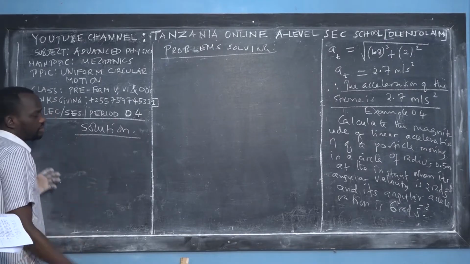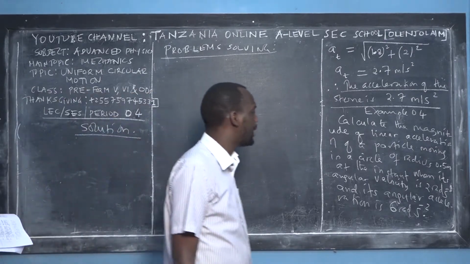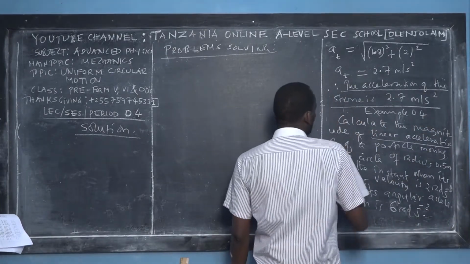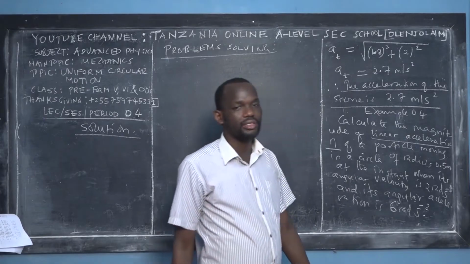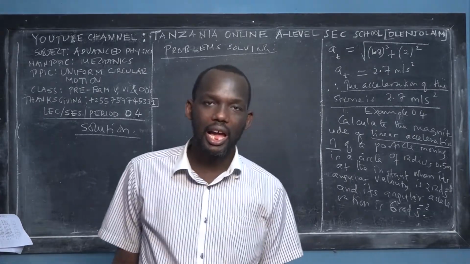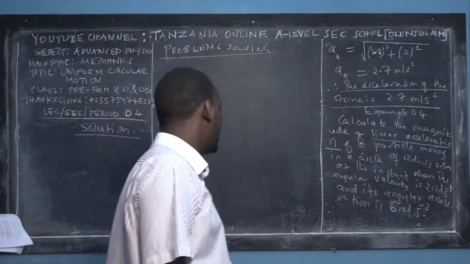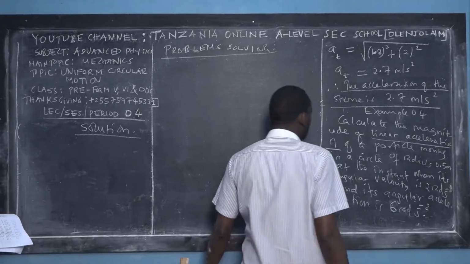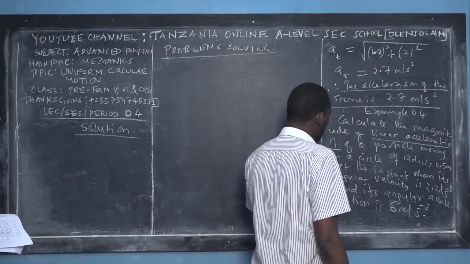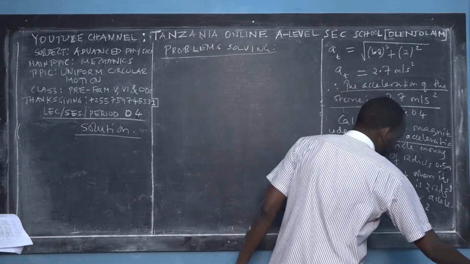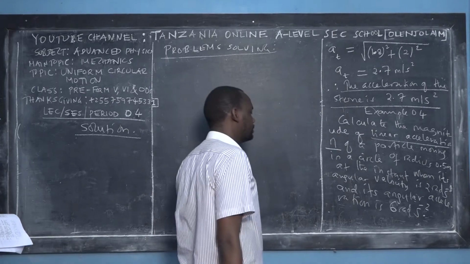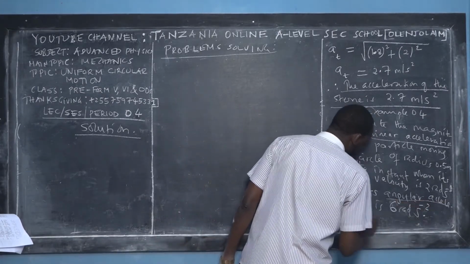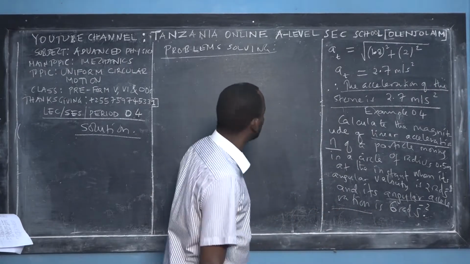You have the option, you can sketch or not sketch. Calculate the magnitude of linear acceleration of the particle moving in a circle of radius 0.5 meter at the instant when its angular velocity is 2 radians per second and its angular acceleration is 6 radians per second squared.